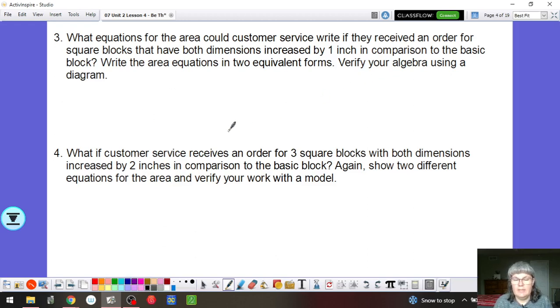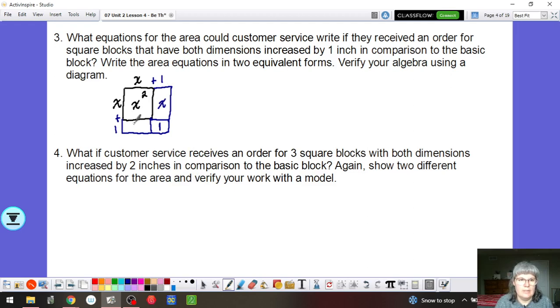You might think that the diagram is the last thing that you can do, but we can start with a diagram. So we're starting with our basic x squared that we know is going to be x by x. We are increasing each side by 1. And then I can complete it with my units, which, because I increased each side by 1, I only have 1 unit square.